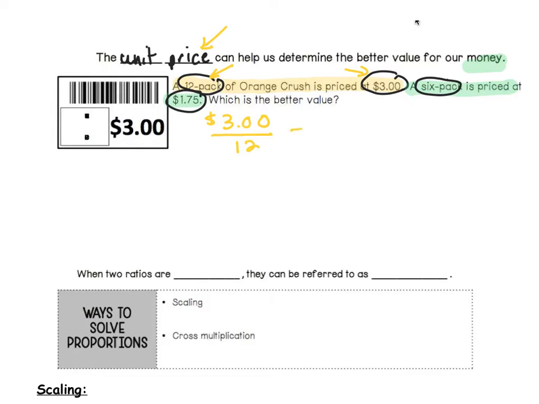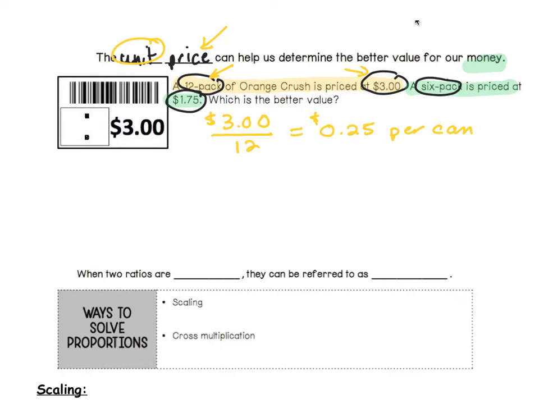If you took $3 and divided it by 12, you should have gotten 0.25, or 25 hundredths, which in money is 25 cents. And we're going to write per can. Now we're acknowledging that it's the price, because unit means for one, the price for one can.